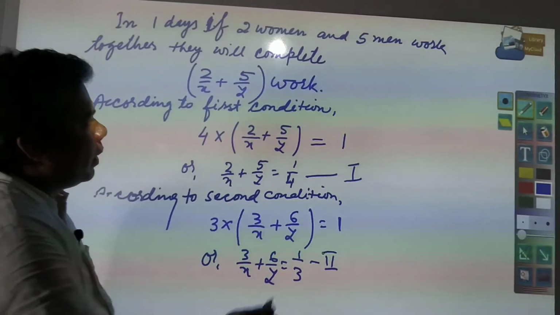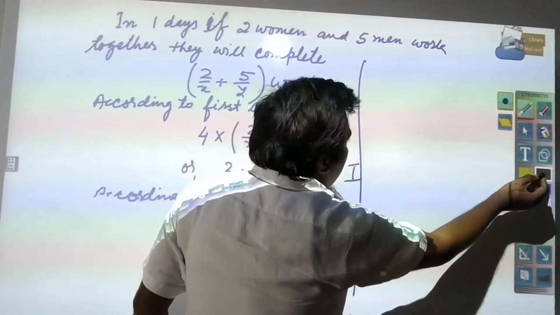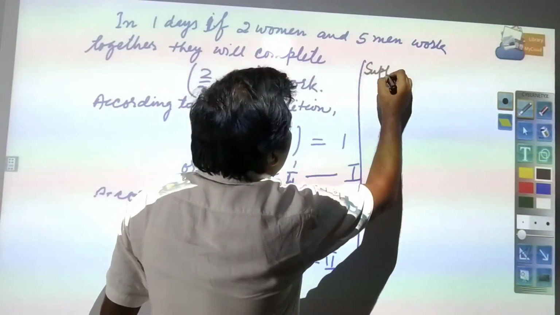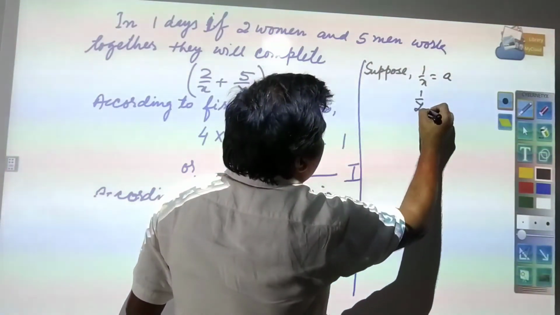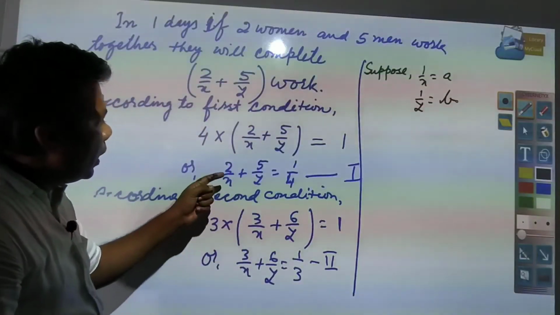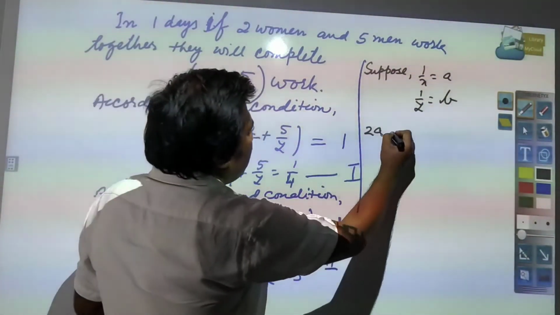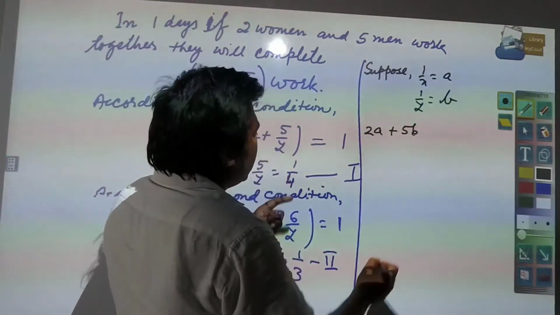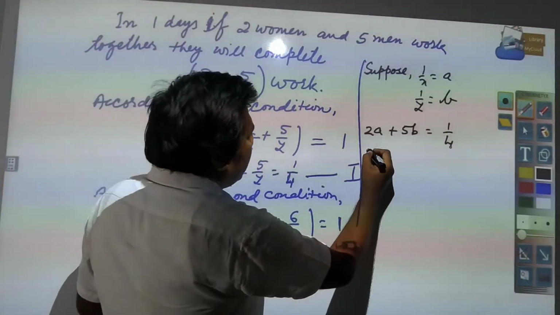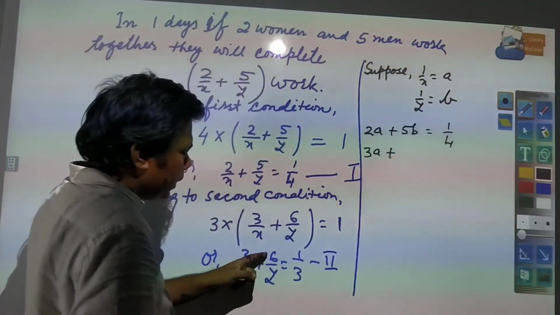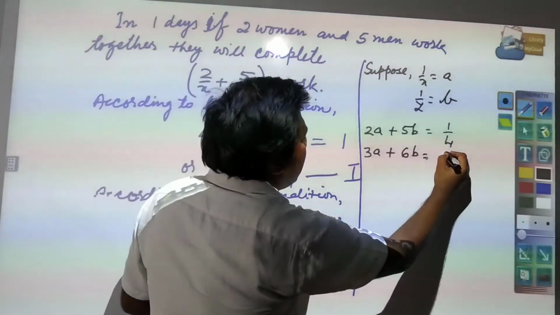Now we need to simplify this. How will we simplify? Suppose 1 by x is equal to a and 1 by y is equal to b. Then our equations are 2a plus 5b is equal to 1 by 4, and 3a plus 6b is equal to 1 by 3.